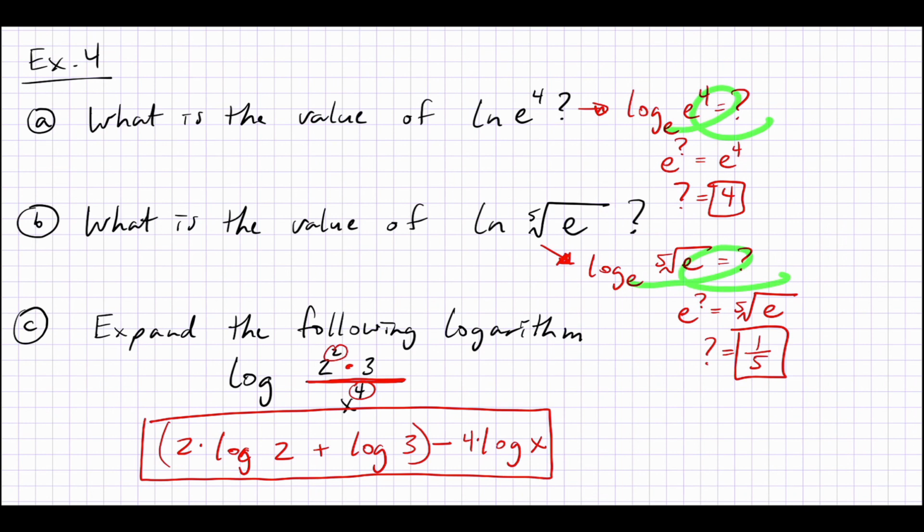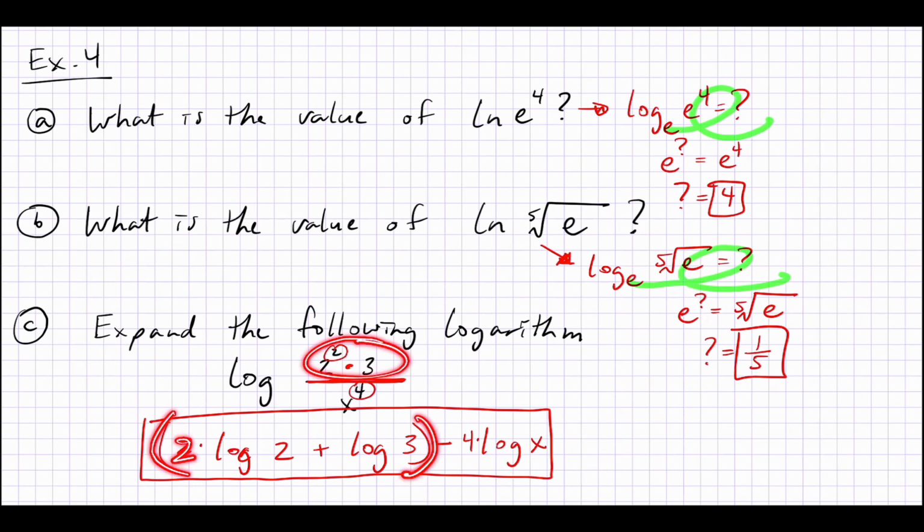And then C, you got a couple things going. To expand it, you have multiplication on top, division there. So you see how I put parentheses around the first part? Because that part is together on top. So the parentheses say this part was grouped together, right?